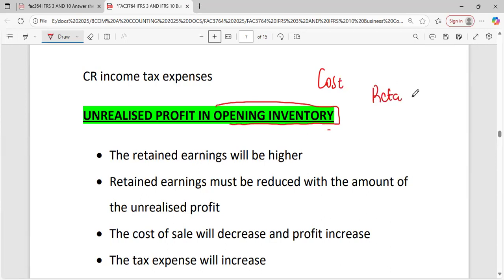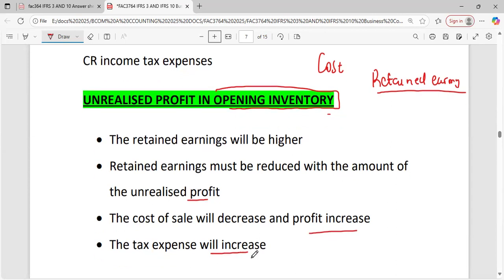At the beginning of the year, this unrealized profit will be in the retained earnings. So the unrealized profit in opening inventory is going to affect our retained earnings. You can see here, the retained earnings must be reduced by the amount of the unrealized profit. The cost of sale will decrease and profit increase, and the tax expense will increase.